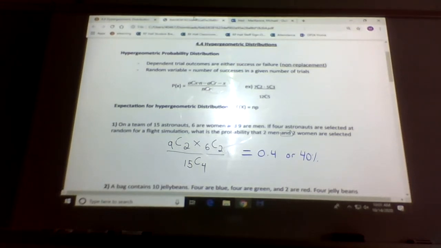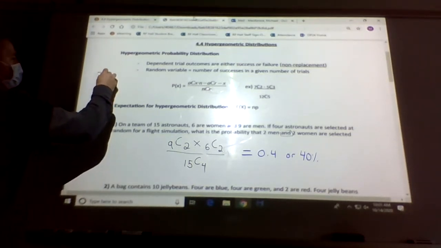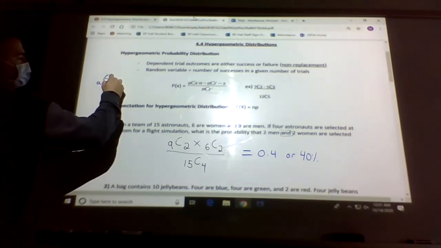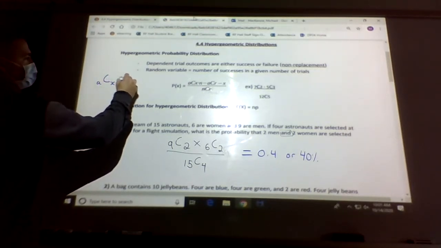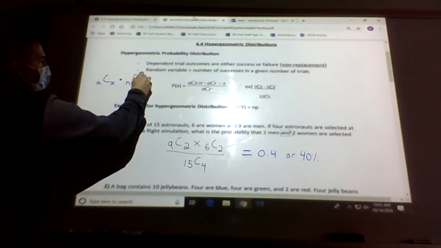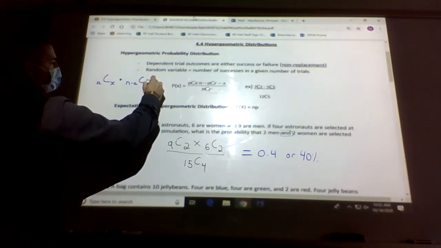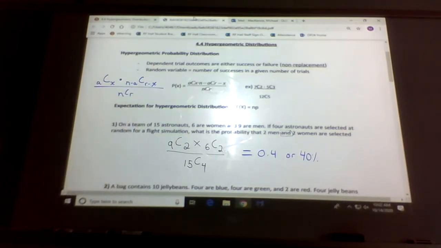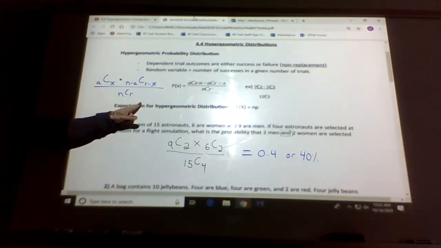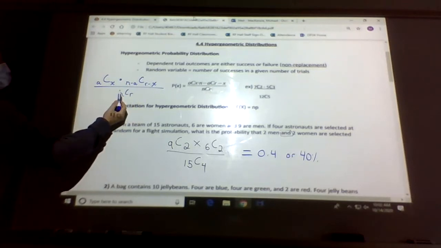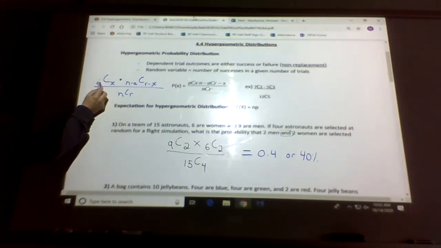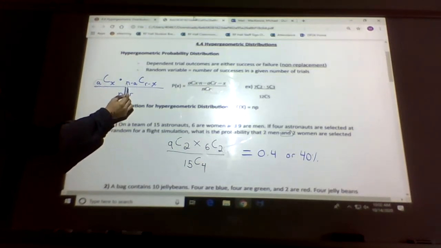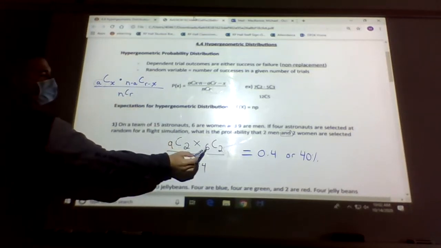If you look at the formula, it's A choose X, and then times N minus A choose R minus X. So if you have your total, 15 choose 4, then we take it from here. This one was 9 men, so 15 minus 9, which is N minus A, would give you the 6.